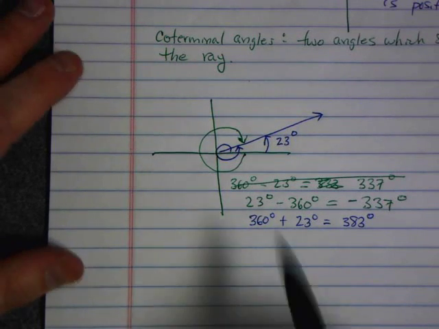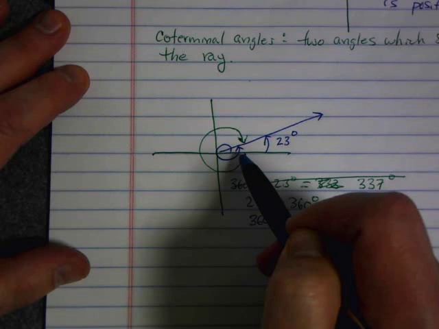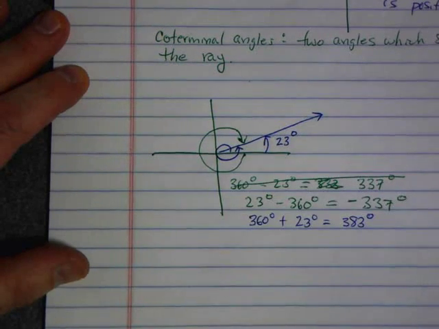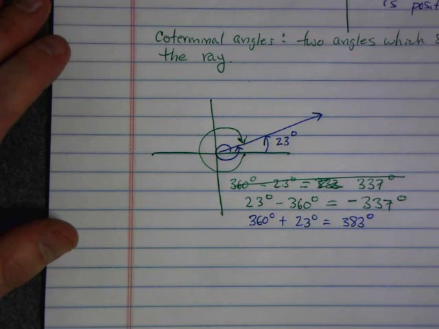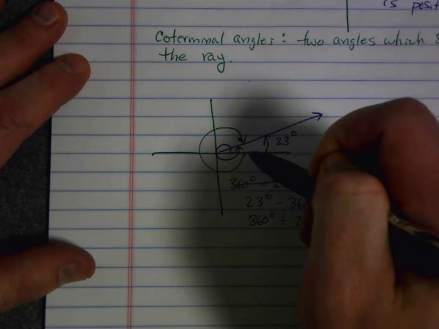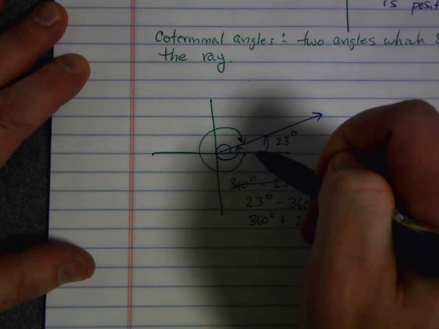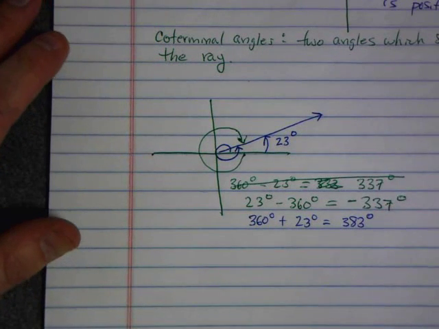I liked your answer. Your answer was I could go 2 times around and then 23 degrees, which would be how much? 720 plus 23 would be 743. Or another option would be I could go negative 360 degrees and then another negative 337 degrees, and that would also be coterminal.